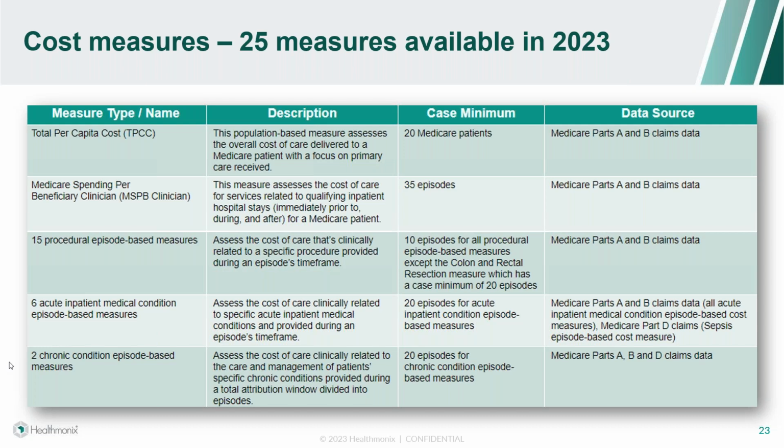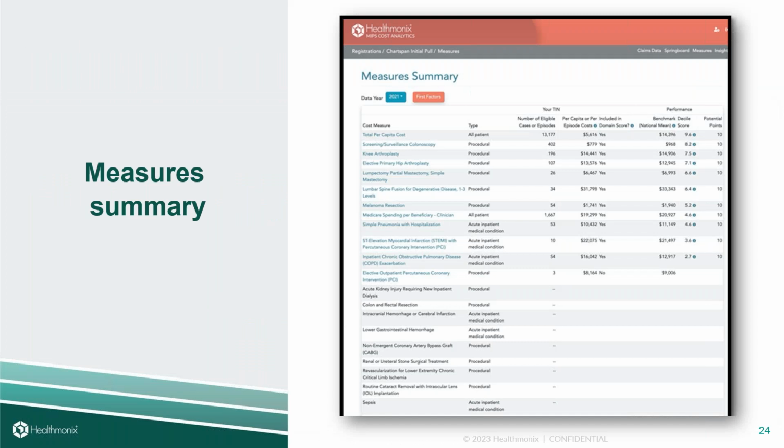And I think Mike's next slide, drum roll please, shows you an example of an organization that has a whole lot of measures. Now, this is obviously a bigger organization, but they got all of these measures attributed to them. So if they really want to dig in and do some work, they've got a lot of work to do. Each one of these measures gets equally weighted in terms of your cost score.